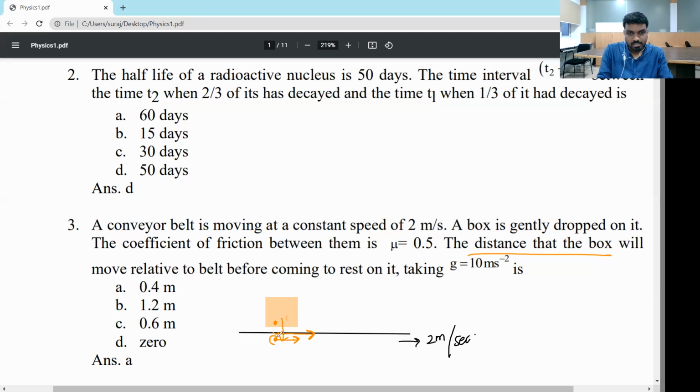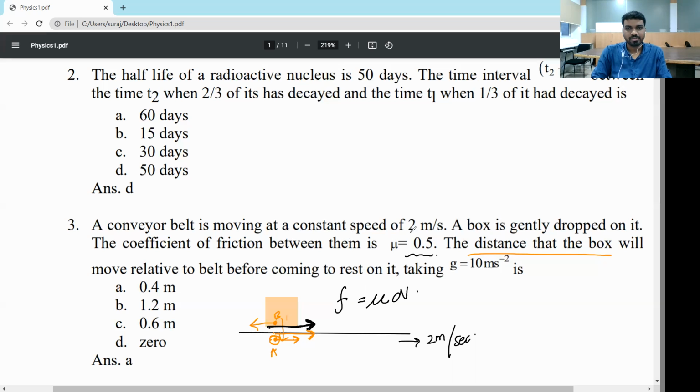With respect to A, point B will move towards the left. If point B moves towards the left, that means the friction force will be in this direction. Keep in mind, students, friction doesn't oppose motion, but friction opposes relative motion. Friction is mu times N. Mu is given 0.5.